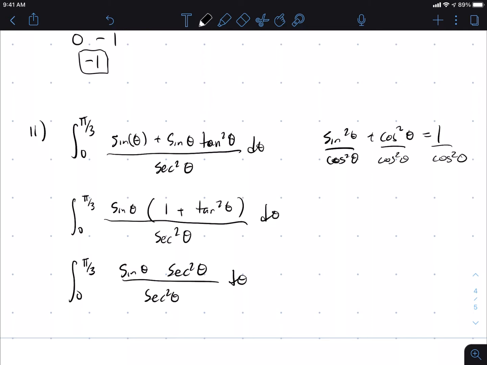So what's sine squared over cosine squared? Tangent squared. Okay, that's the one that I know. What's cosine squared over cosine squared? 1. And then what's 1 over cosine squared? Or what's 1 over cosine?